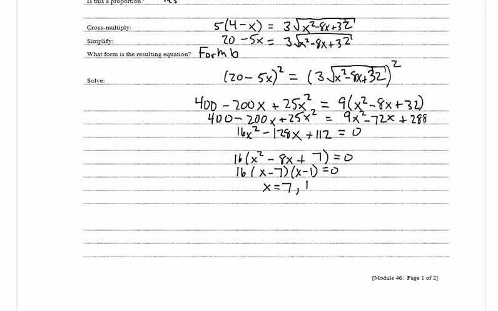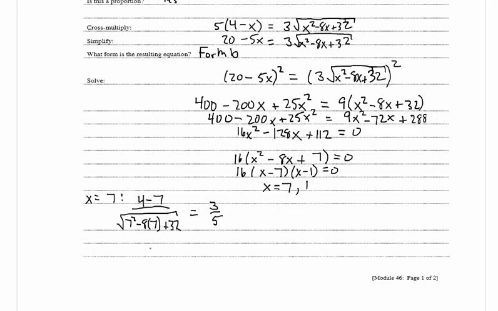And now we want to check for extraneous solutions. So we're going to plug x is equal to 7 back into our original equation. And we'll have 4 minus 7 divided by the square root of 7 squared minus 8 times 7 plus 32 is equal to 3/5.